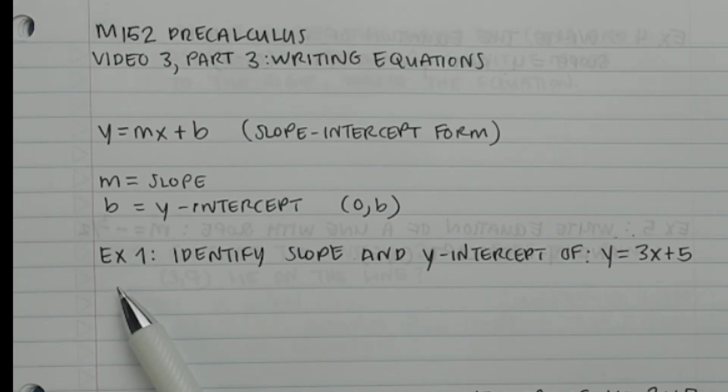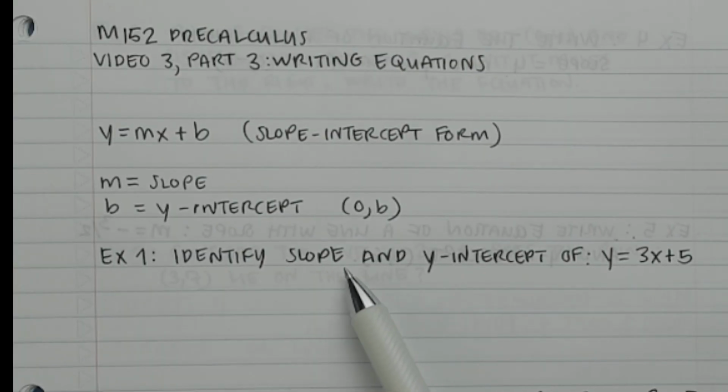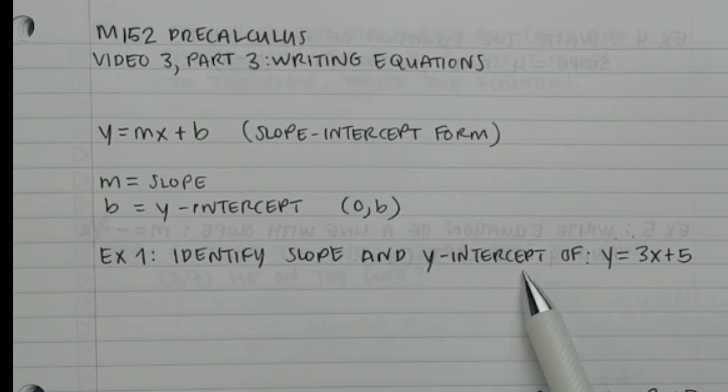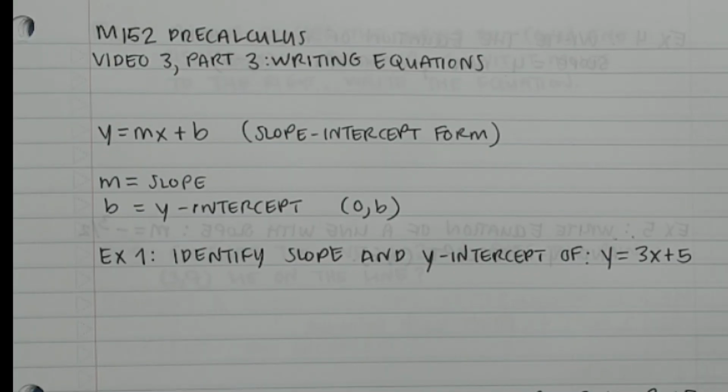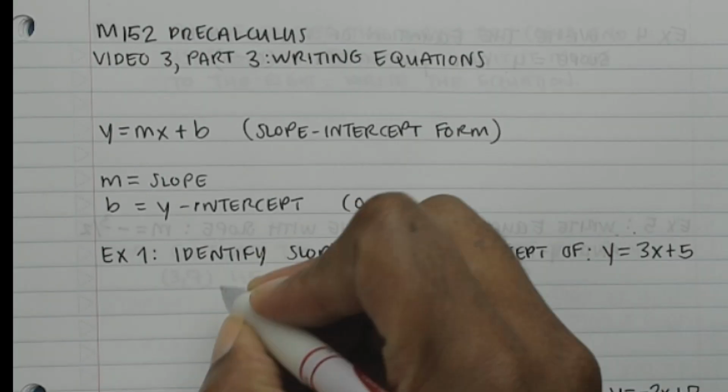Here's the first example I want to look at. Example 1, identify the slope and the y-intercept of y equals 3x plus 5. Now, compare this equation with y equals mx plus b.